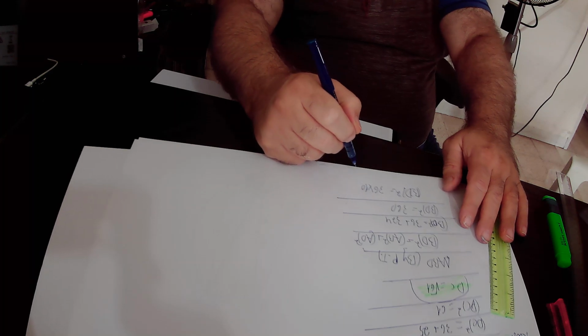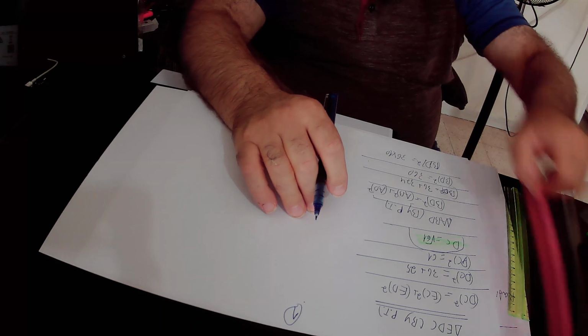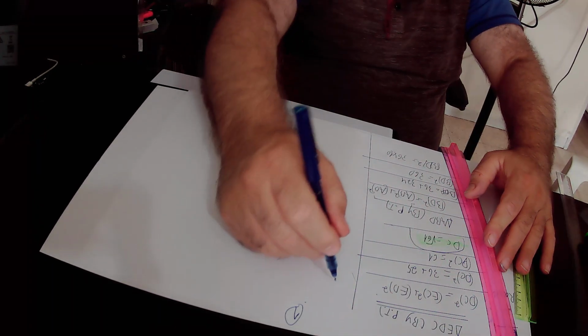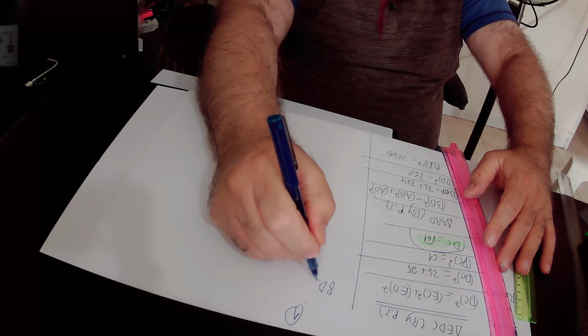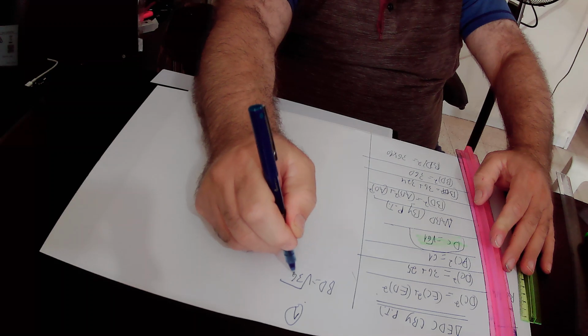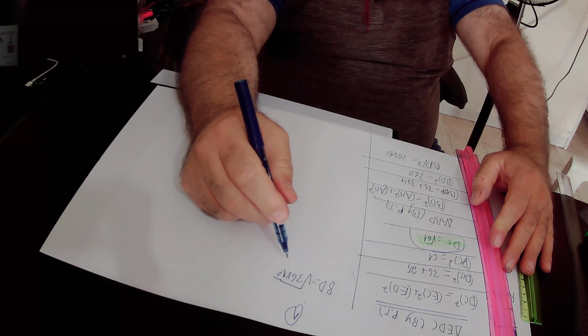Here we'll take a root out of this equation and we'll get that BD, the hypotenuse of the right triangle ABD, is equal to the square root of 36 times 10. Here we'll take 36 out of the root.